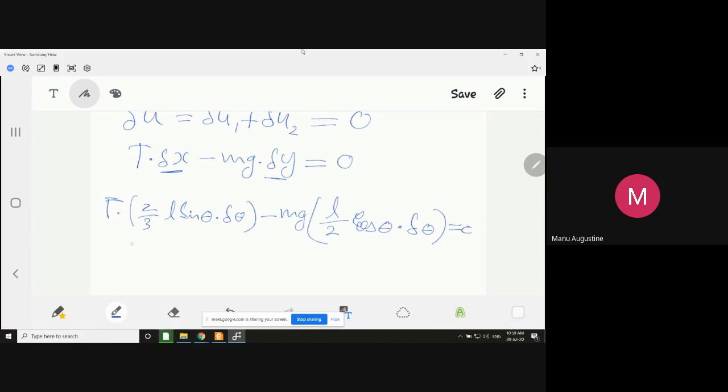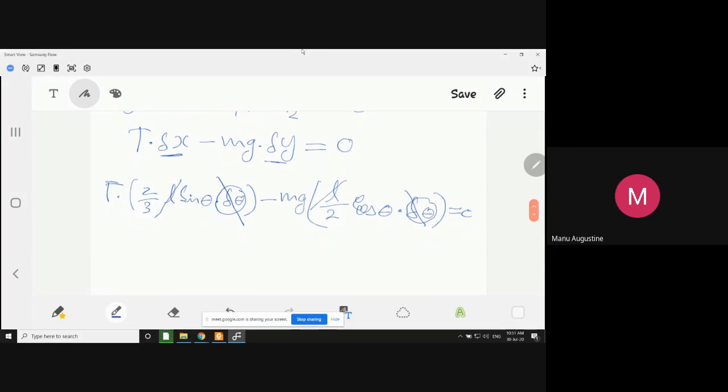Now let us simplify this. From both these terms, L can be taken as common, so we will take it to the right hand side and divide it with 0, it will vanish. Del theta can be taken as common from both the terms. Again, it will go below 0 and become merged with 0. So after simplifications, what I get is 2 by 3 sin theta into tension minus mg by 2 cos theta equal to 0.